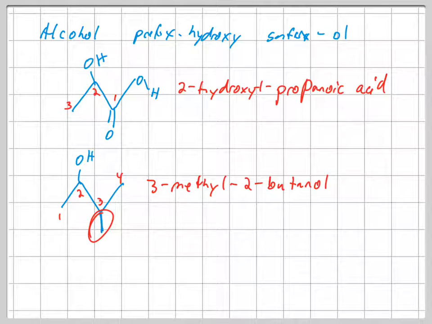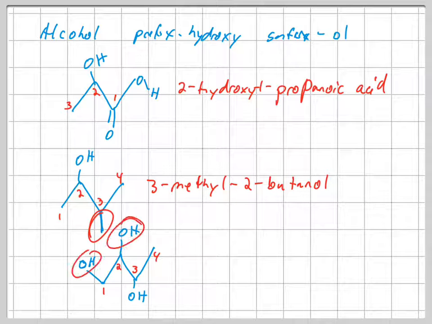With the same thing keeping in mind, what if we had 2 alcohols on it, or even 3 alcohols in this case? We go with numbering it from the side that has the lowest carbon number for the substituents, 2, 3, 4 in this case, so it's going to be butanol of some sort. We would count this out. We have 1, 2, 3.